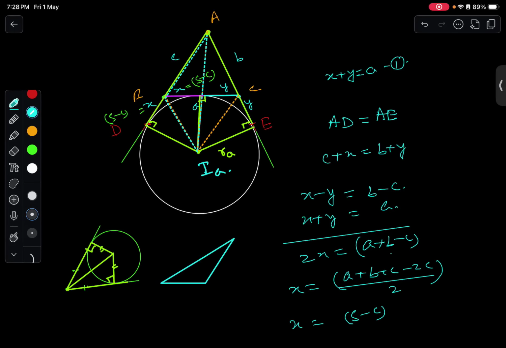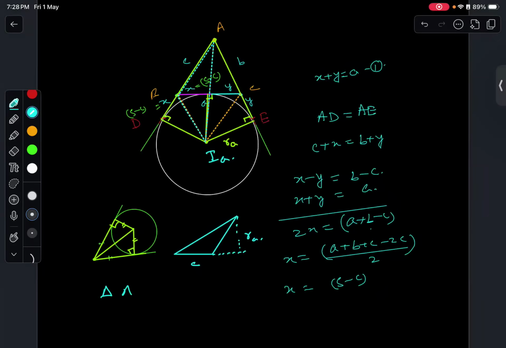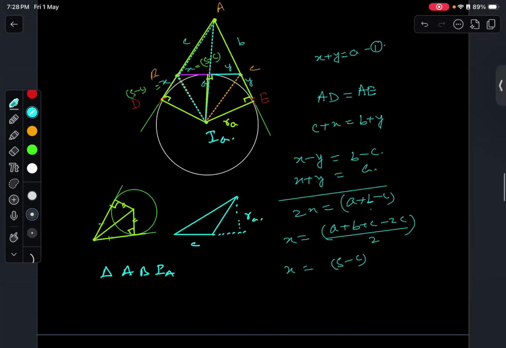For the obtuse angle triangle, we know that the area is half into base, that is C, into height, that is RA. So the area of triangle ABI is half into C into RA.